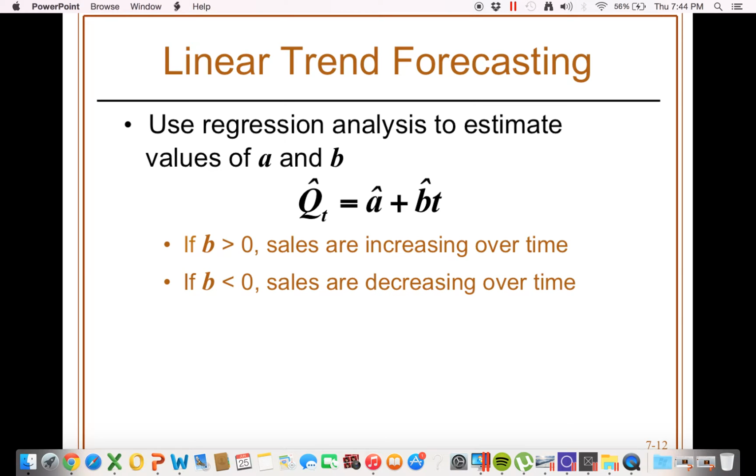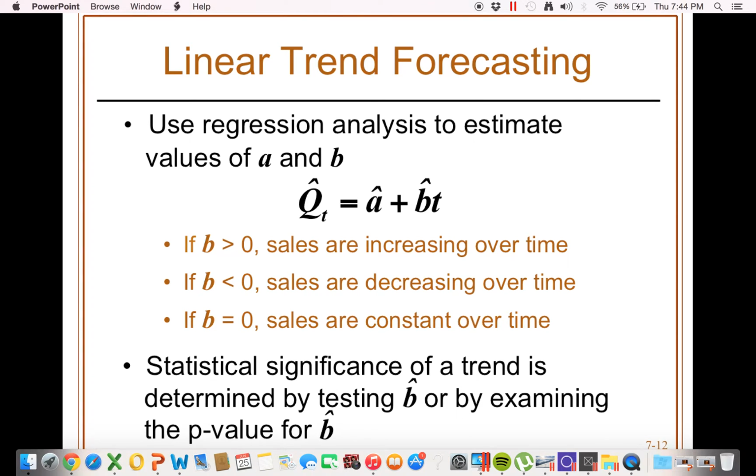If B is less than 0, sales are decreasing over time. It can work the opposite way too. If it's a downward sloping curve, B is less than 0. And of course, if B is equal to 0, sales would just be flat and constant over time.